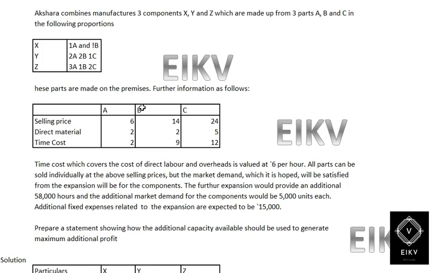Guys, here we have a company. The company is manufacturing three components, and we have the final products like X, Y and Z. And for the manufacturing of X, Y and Z, we need different numbers of components of A, B and C. A, B and C components can also be sold to the market individually.